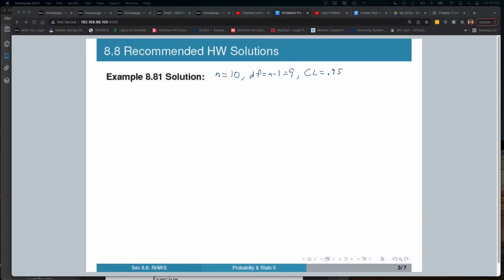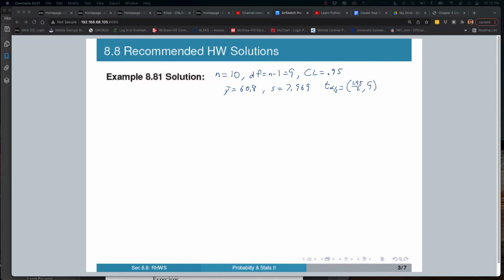I went ahead and calculated ahead of time y bar and the standard deviation because we're going to need both. The y bar for this group is 60.8, and the standard deviation for the sample was 7.969. So that gives us that t sub alpha over 2 is going to be equal to QT of (1 plus 0.95), or 1.95, divided by 2, and the degrees of freedom here would be 9.